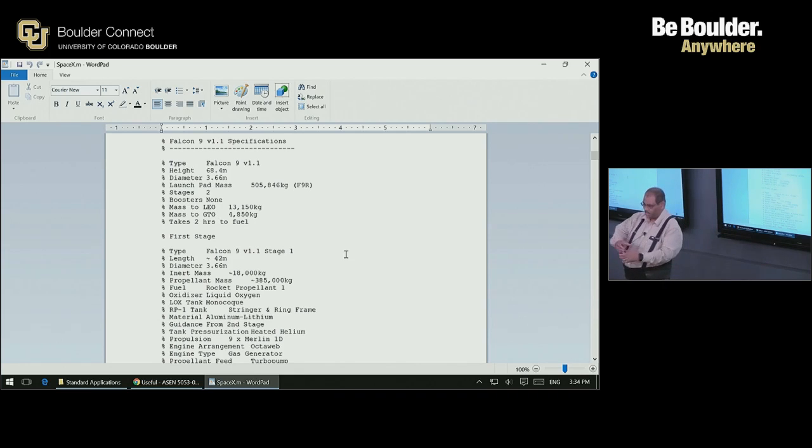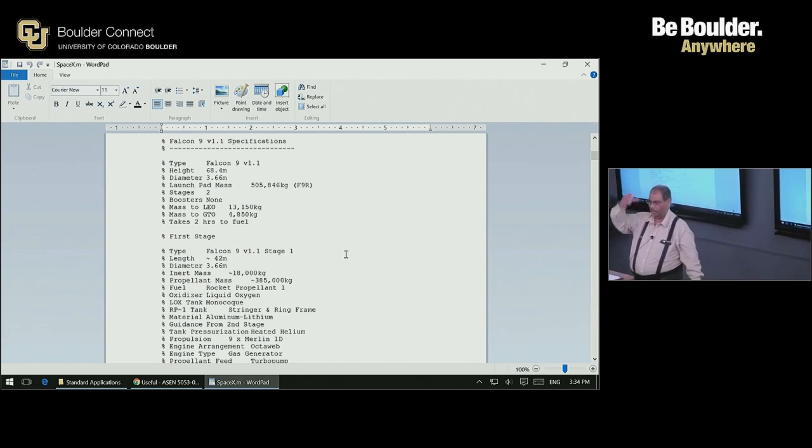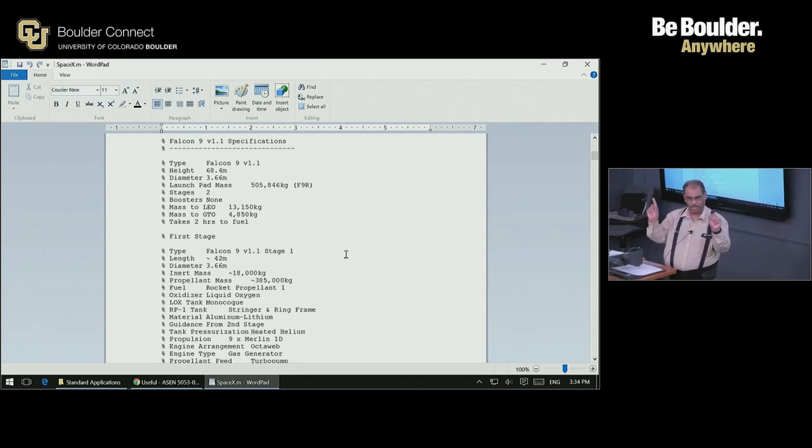Now, Falcon 9 is a serial stage vehicle, meaning that the first stage operates and is discarded, then the second stage operates and is discarded, and so on. On the other hand, in a parallel stage vehicle, like the space shuttle, the main engines as well as boosters are ignited at the same time. But as it goes up, the boosters finish their work and are jettisoned, while the main engine continues to work.